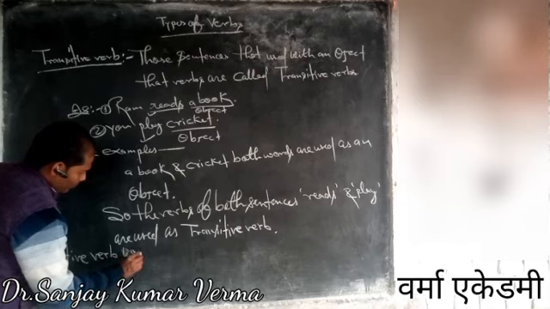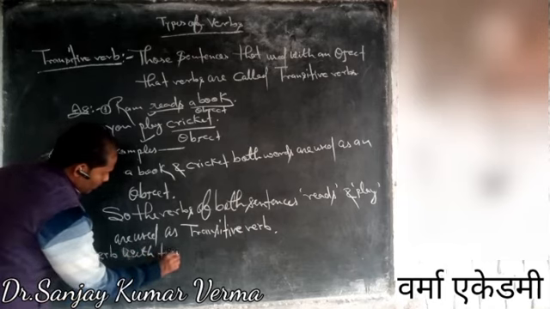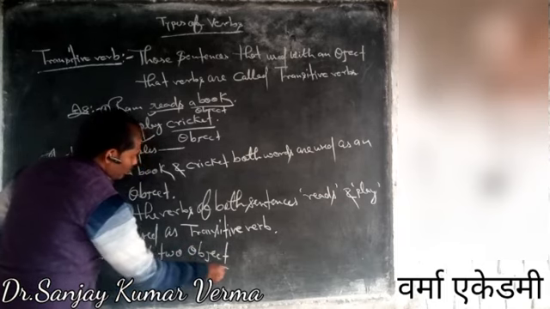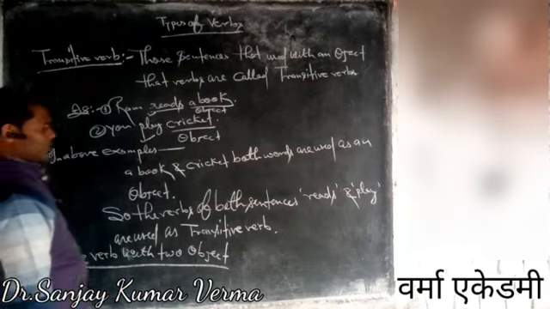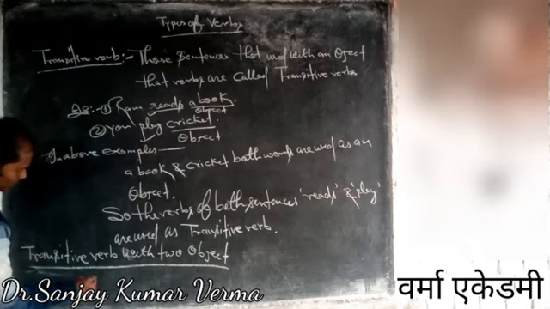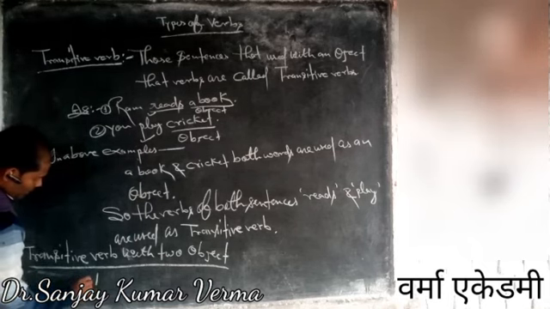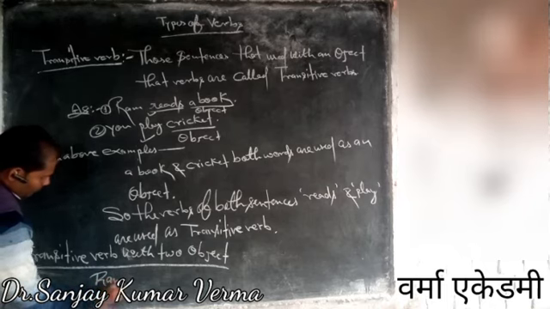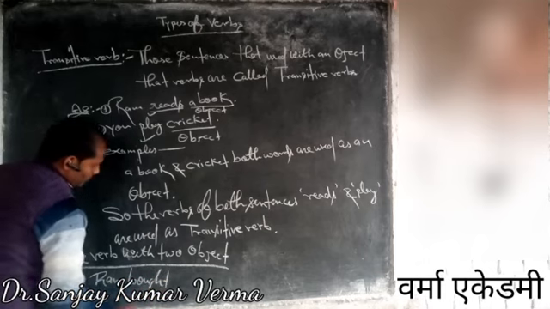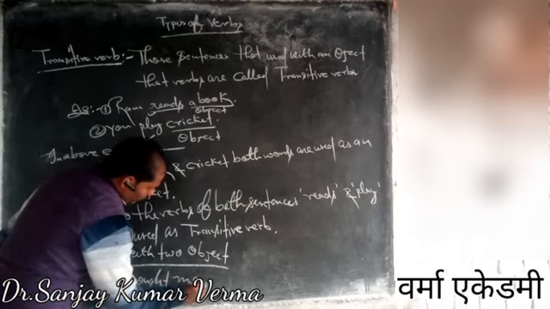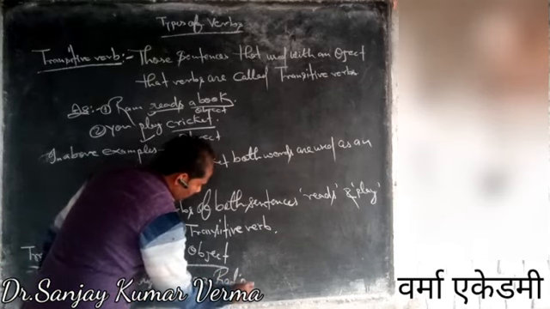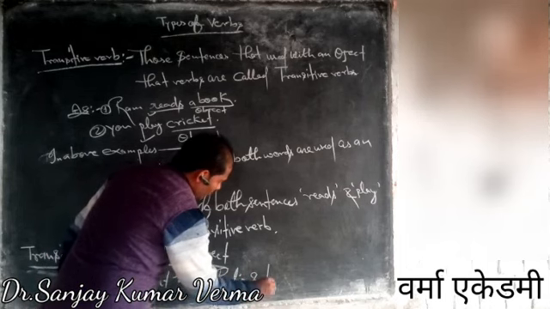Transitive verb with two objects, as: Ram bought me a radio set. Ram bought me a radio set.